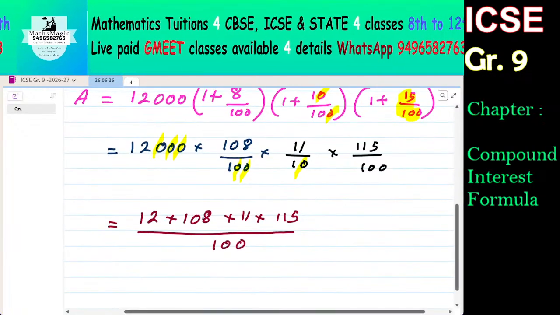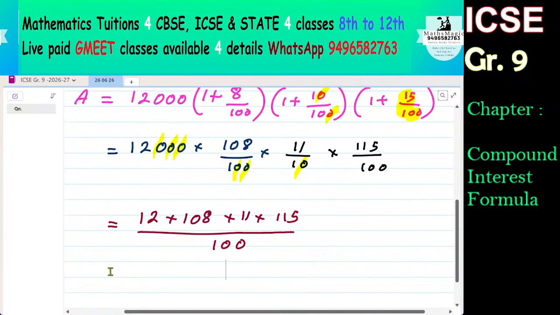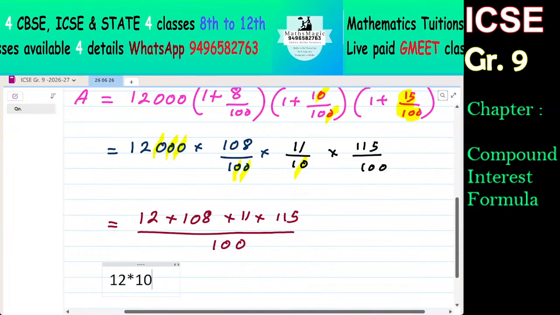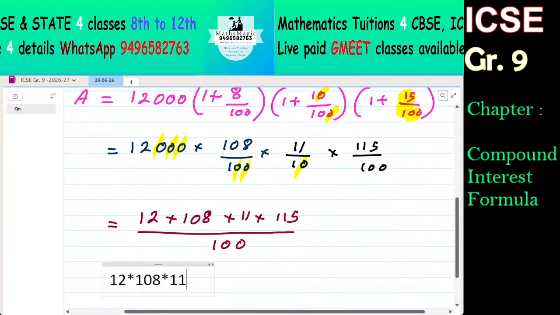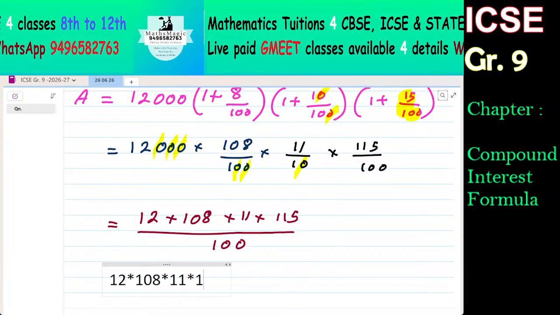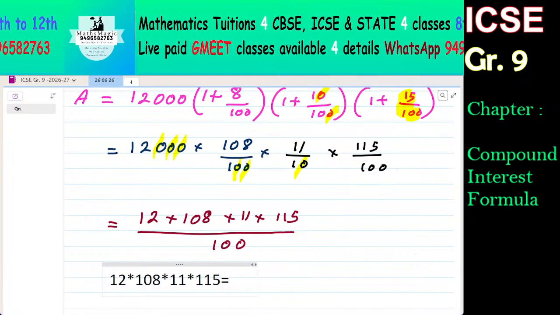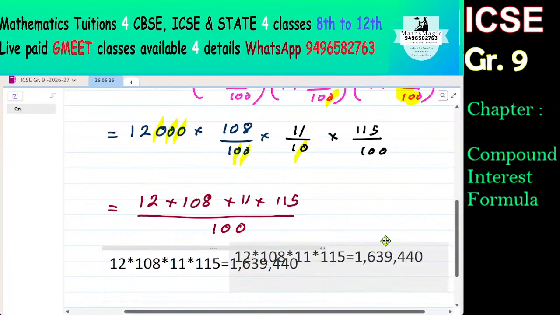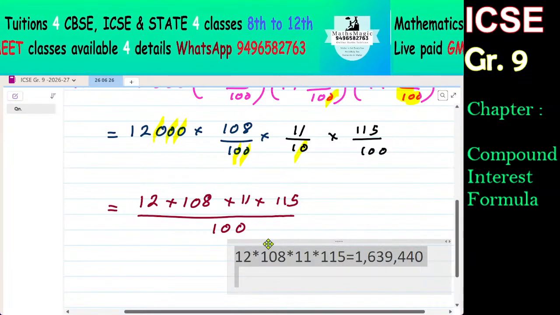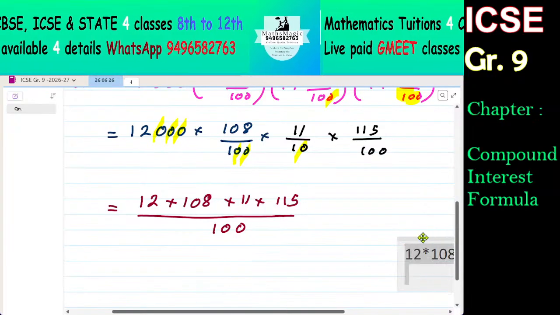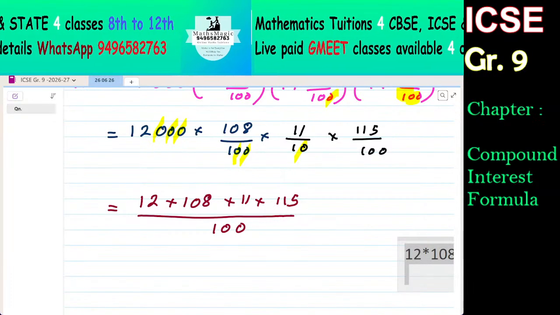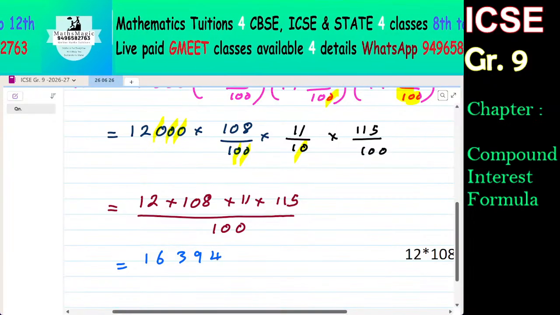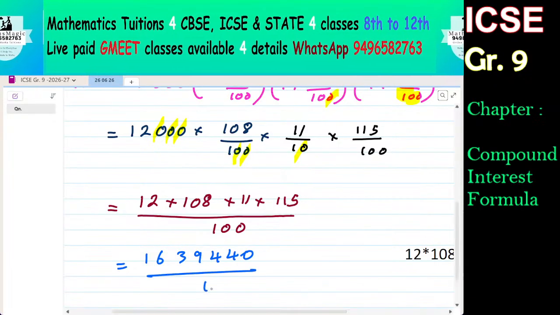So we multiply. We will get this number 1639440 by 100.